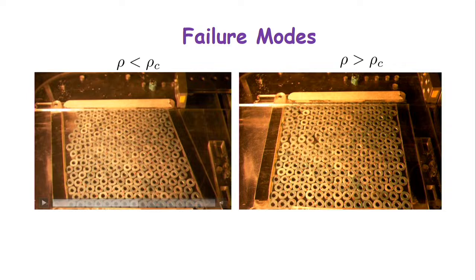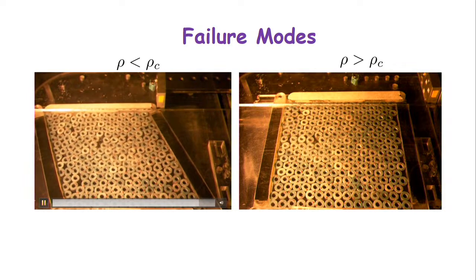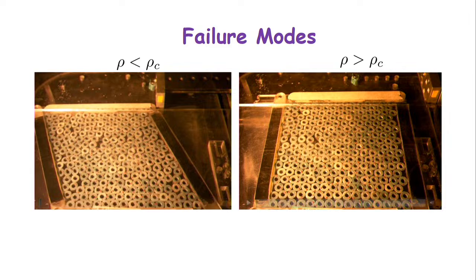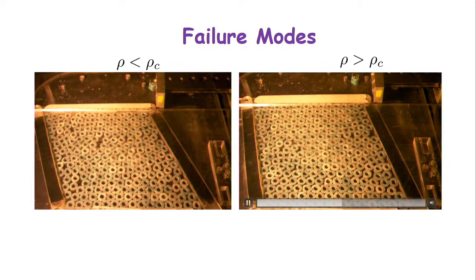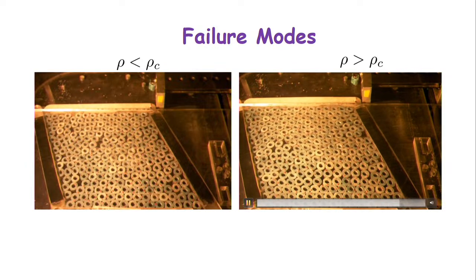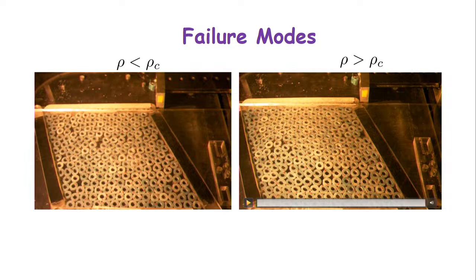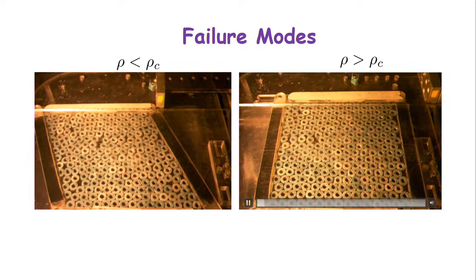Thanks. So this is the experiment that you have, where you come and bang the system. This is the very first time that you can bang the system. If it's lower than a critical density, or if it is higher than a critical density, and I don't know whether you noticed or not, there is an overall buckling in the system.